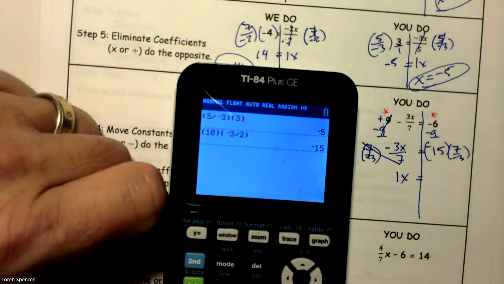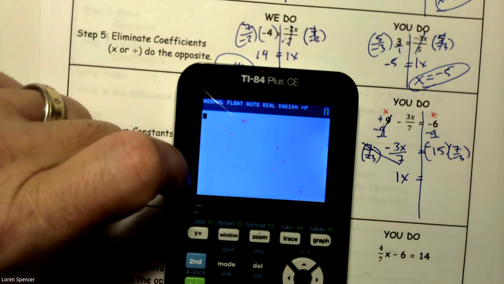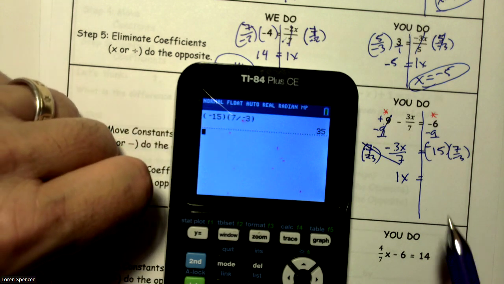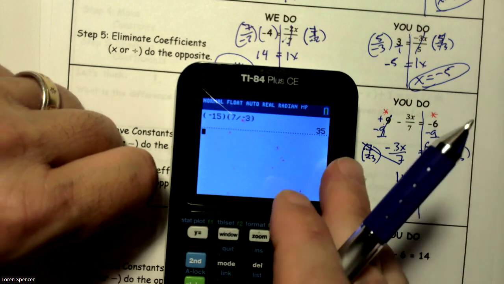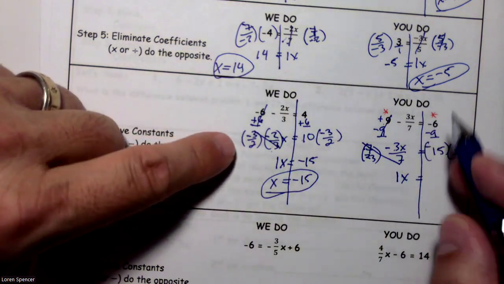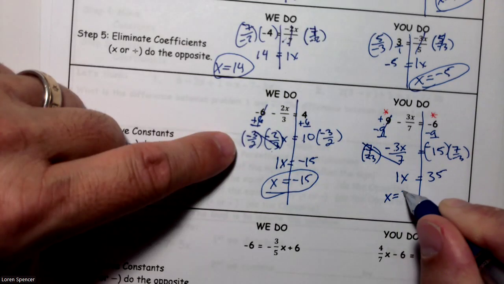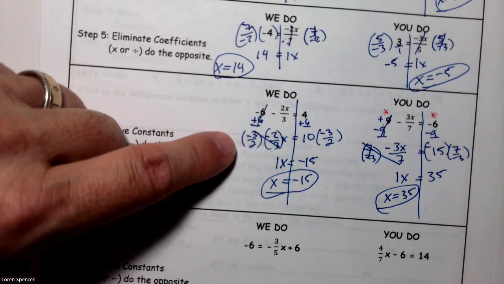So parenthesis negative 15, parenthesis 7 divided by negative 3. And it really wouldn't matter where you put that negative sign as long as you have it. So 1x equals 35. Final answer, x is 35.